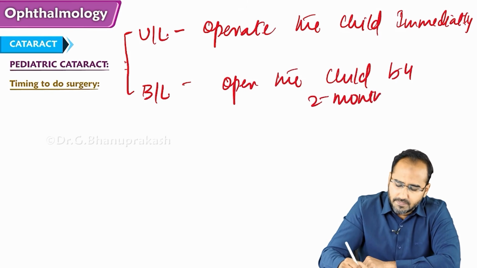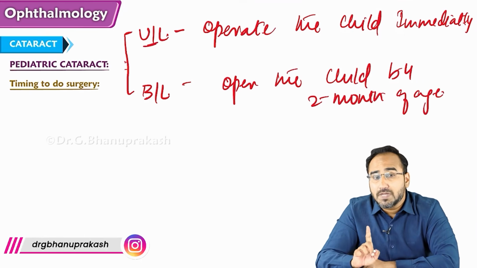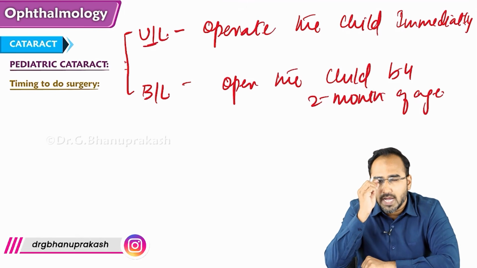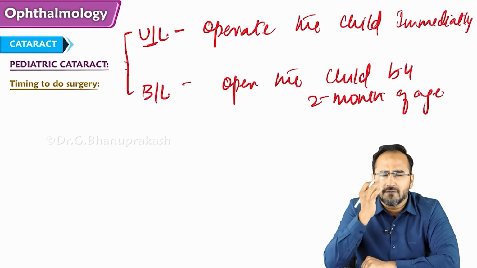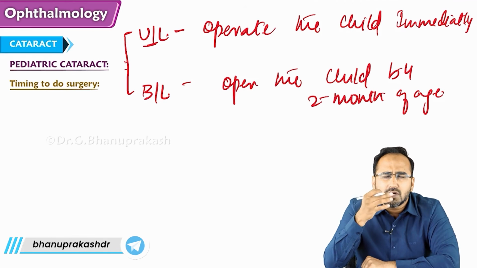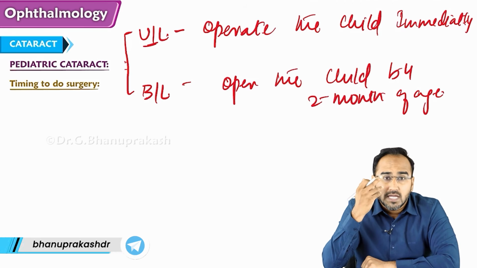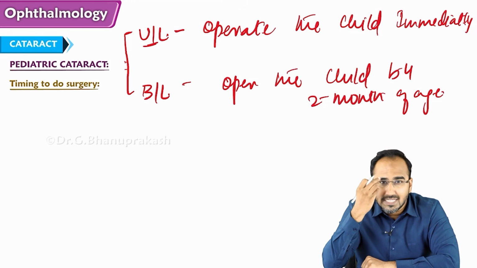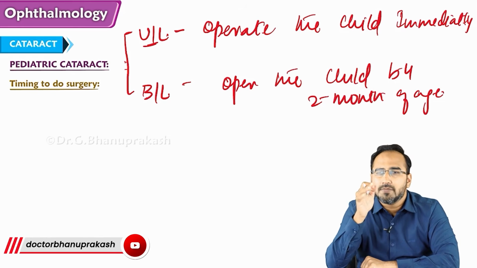Why? Why unilateral? You have to go for immediate management. Why? Because unilateral cataract means the child has cataract in one eye while the other eye is normal. As the child is born with a cataract in one eye and the other eye is normal, he is slowly learning foveal fixation with the normal eye. Guys, you know what foveal fixation is?